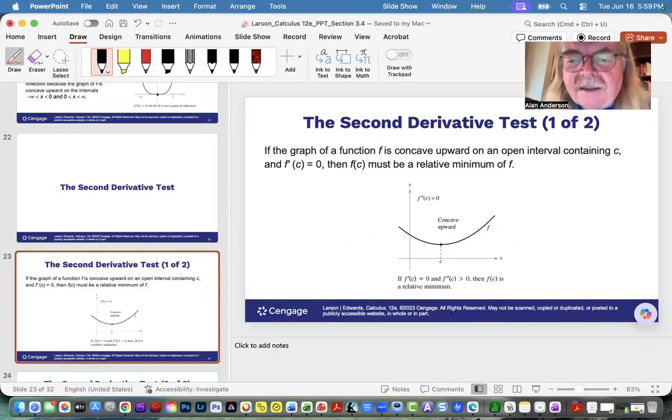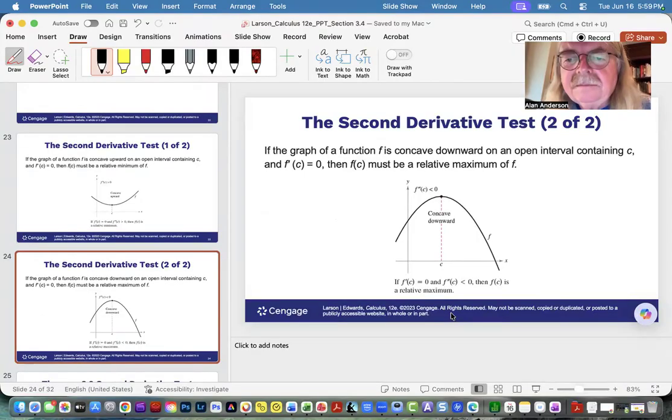All right, let's see if they've got an example for us. So yeah, the concave down, you're sitting at the top of a hill, so to speak. The curve is going from a positive to zero to negative slope. F prime of x is decreasing. Second derivative is negative, and that means we must be at a relative maximum.